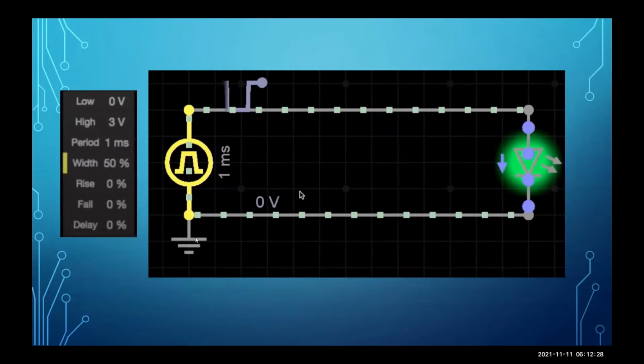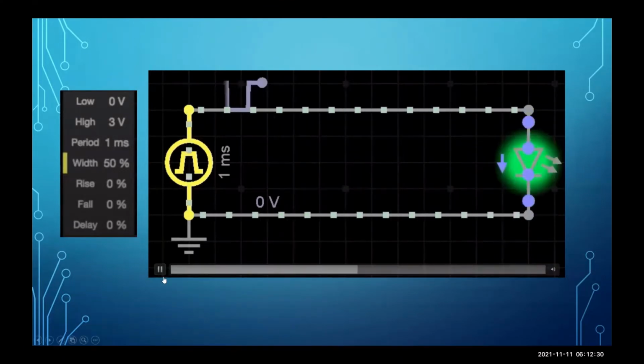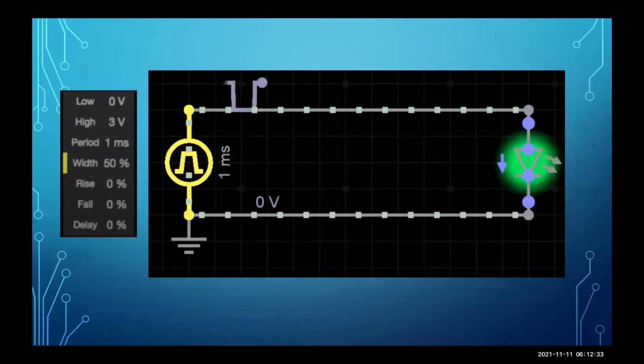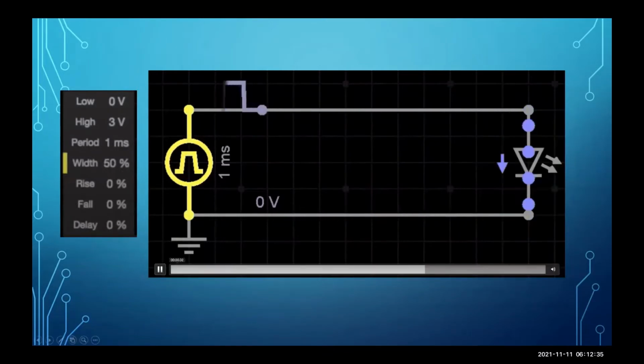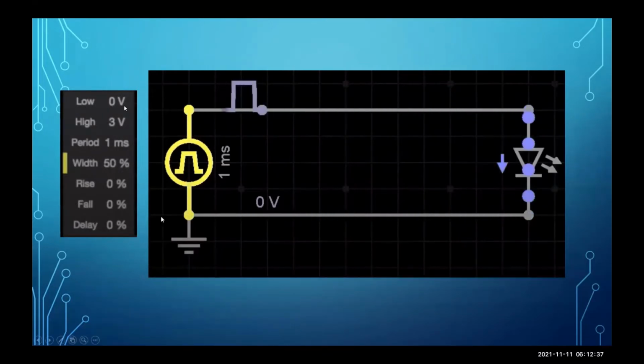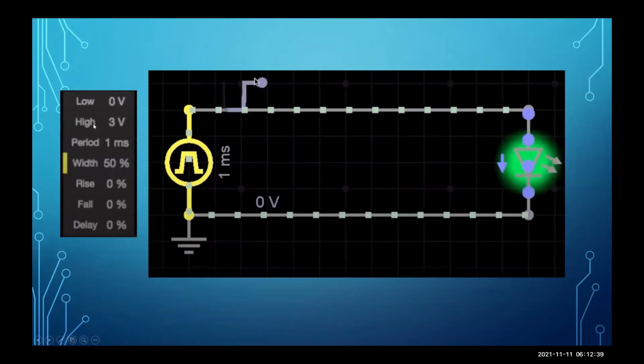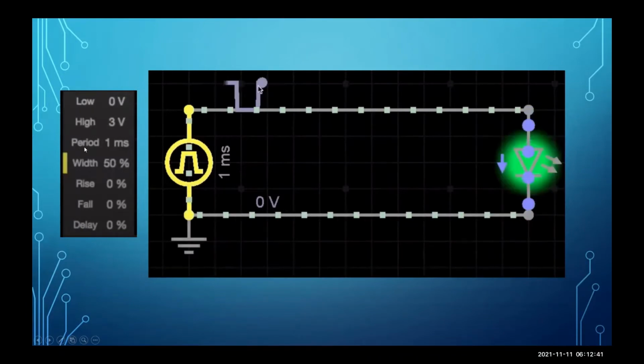So what we are looking at here is the actual pulse width and how it is being applied on a circuit. As you can see, low is 0 voltage here, and high is at 3 voltage. The period is 1 millisecond.